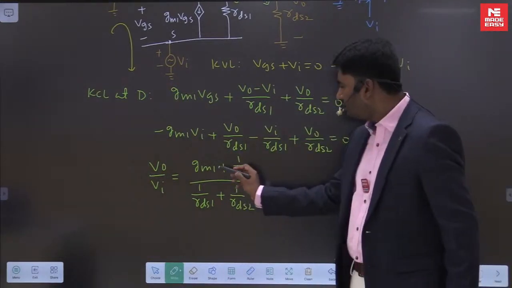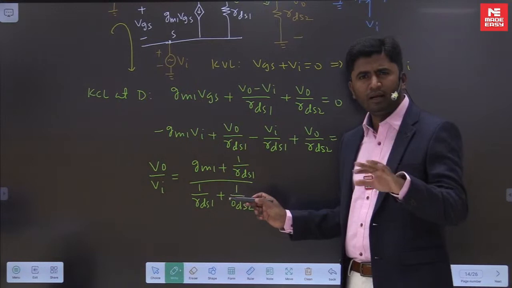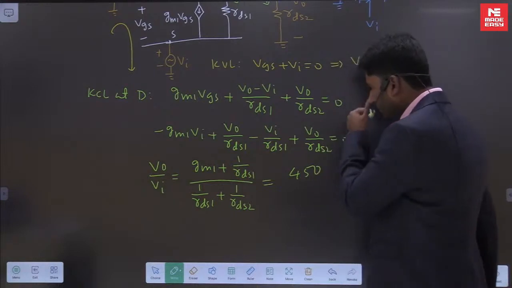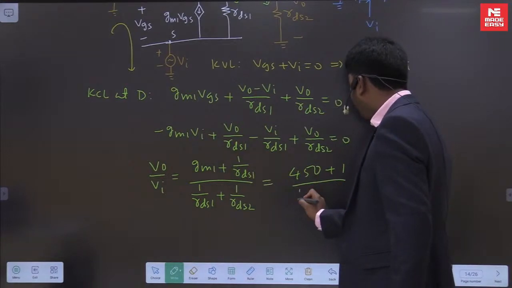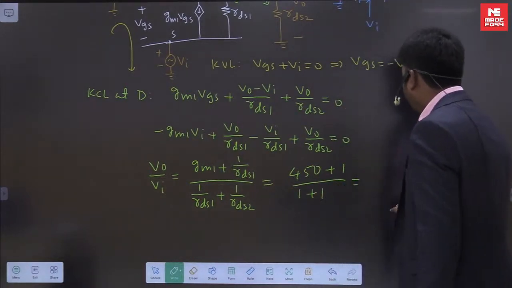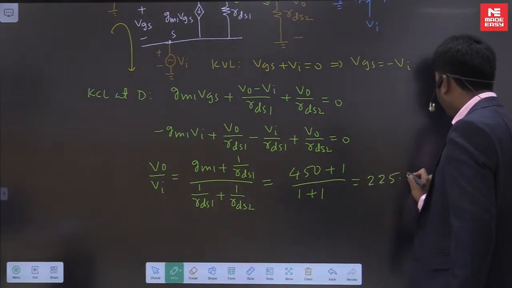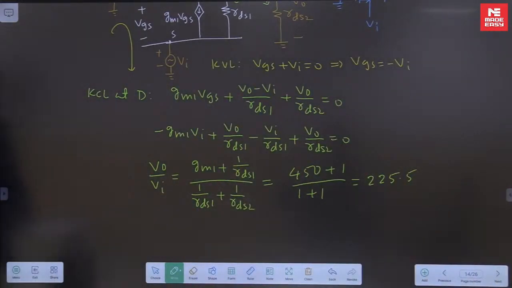Now substitute transconductance in micromho and RDS in megaohm. That micro and mega will cancel out. GM1 we know is 450 micromho, and 1 by RDS1 becomes 1 itself, divided by 1 plus 1. It will be 225.5. If you find the voltage gain, it will be 225.5. I hope everybody is getting the same answer.